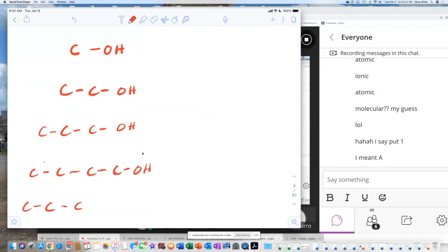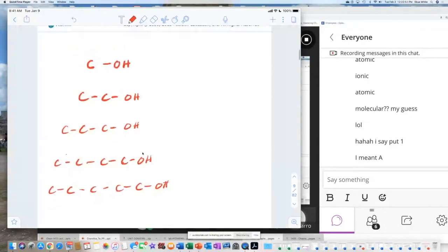Remember, each carbon has 4 bonds. These are all soluble in water, but as the number of carbons increases, the nonpolar region of the alcohol begins to dominate. So this is the cutoff point.